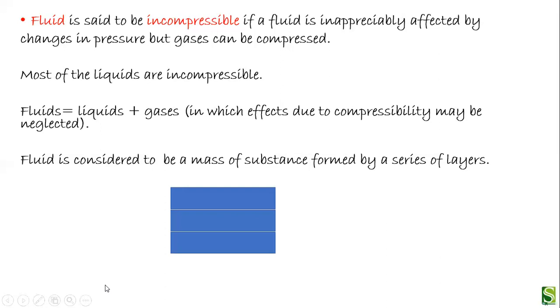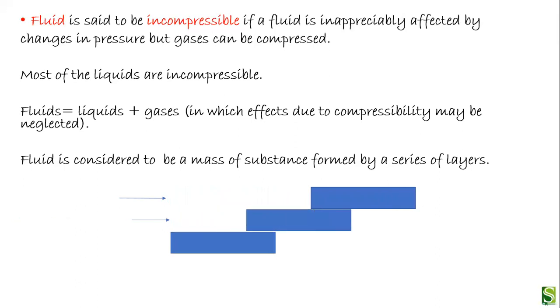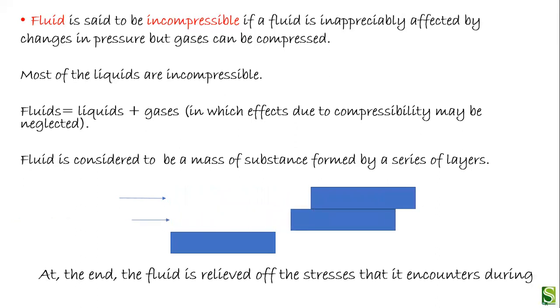When you apply any type of shear stress on this fluid, what is going to happen? Only the layers get distorted. The distortion is in the form of disturbance of the layers.